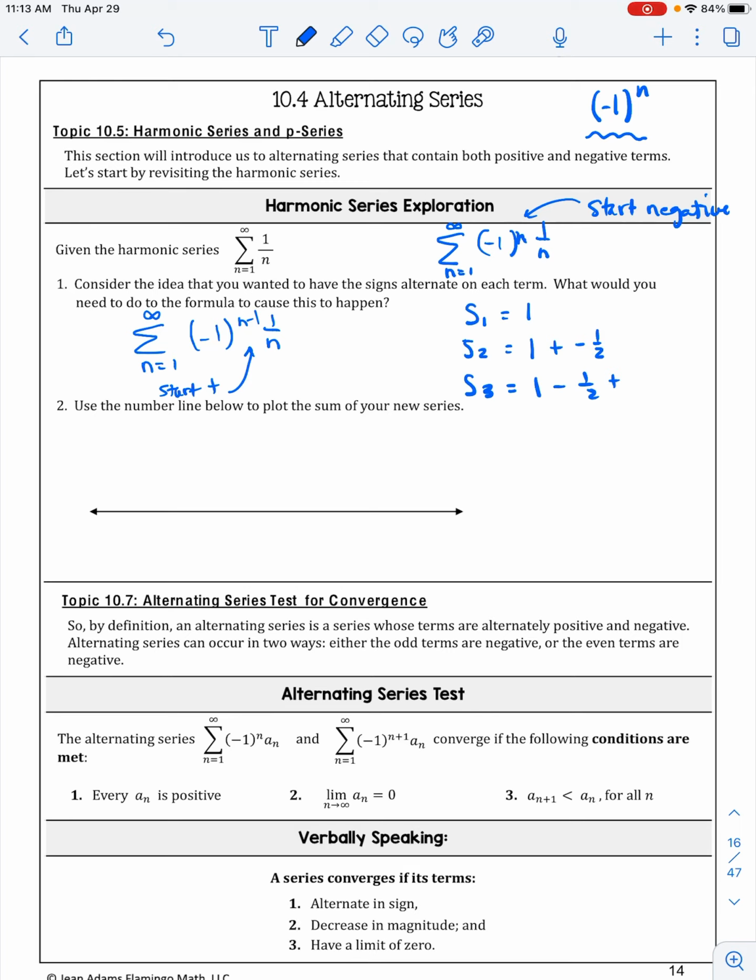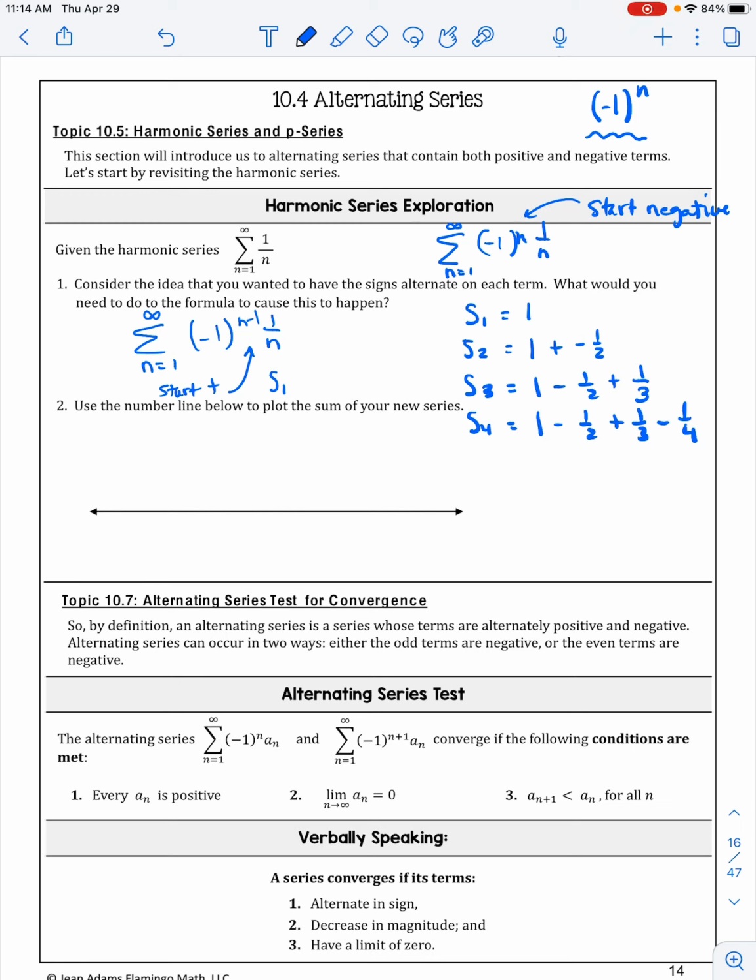Then if I did the partial sum of the first 3, the third one would give me -1 to the 3 minus 1, which is -1 to the second, which would be +1 times 1/3. So that would give me 1/3. I could keep going, and you could see what's happening. This next one would be -1/4.